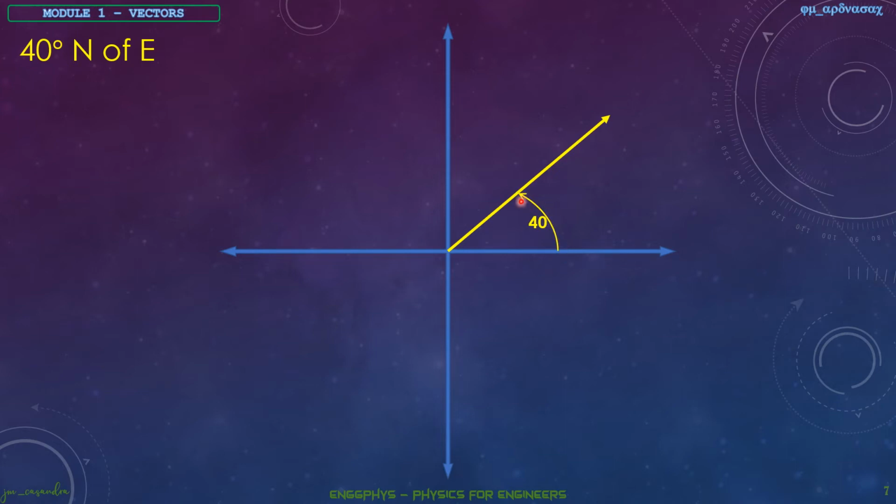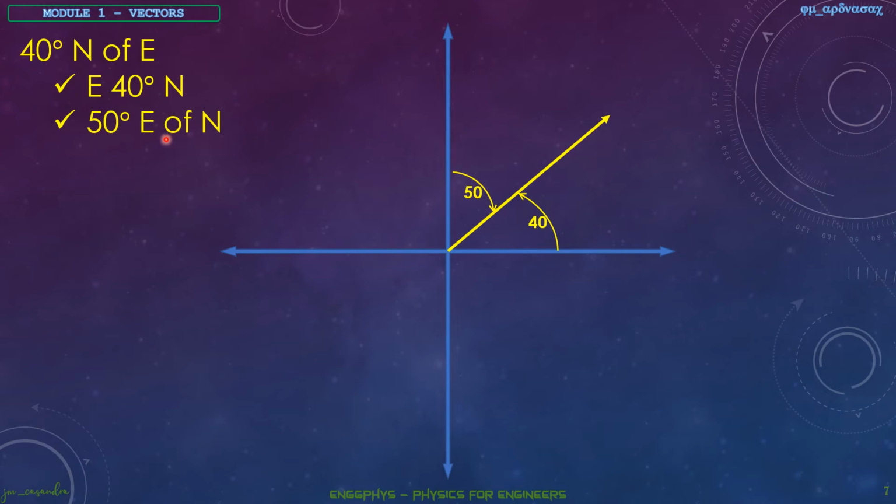So this simply means it's 40 degrees north of east, or from east going to north. Or this direction could also be written as east 40 degrees north. Or this could also be written using its complementary. So we have now 50 degrees. Where did I measure 50 degrees? I started it from the north. So this could also be written as 50 degrees east of north.